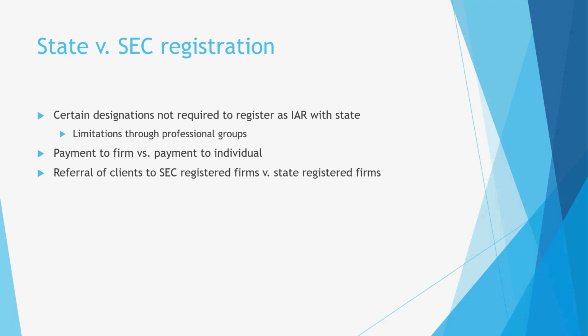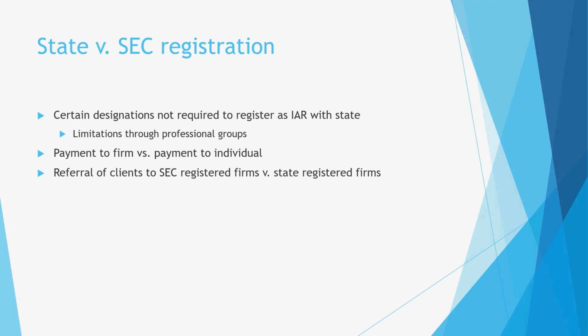So most states require IARs to register as an investment advisor representative, because they see soliciting as an act that would fall under the definition of an investment advisor representative.